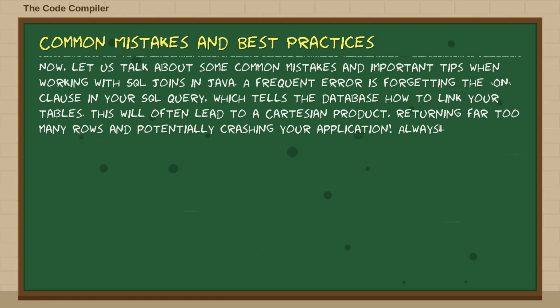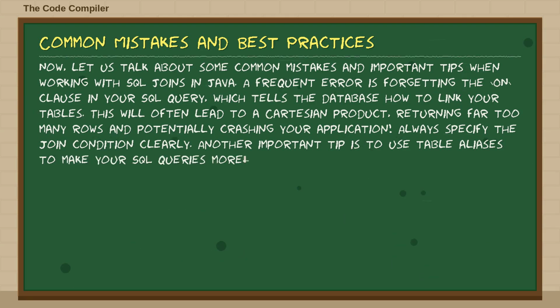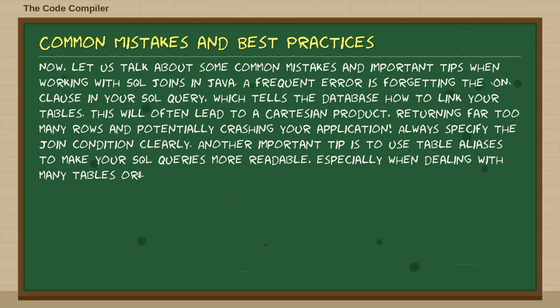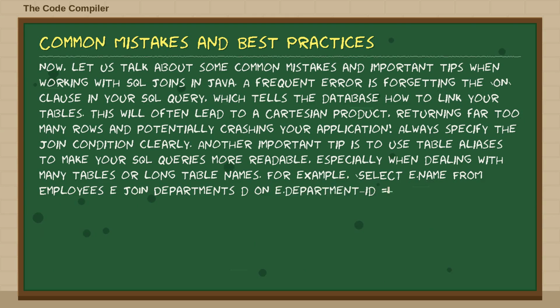Another important tip is to use table aliases to make your SQL queries more readable, especially when dealing with many tables or long table names. For example, SELECT e.name FROM employees e JOIN departments d ON e.department_id = d.department_id is much cleaner.